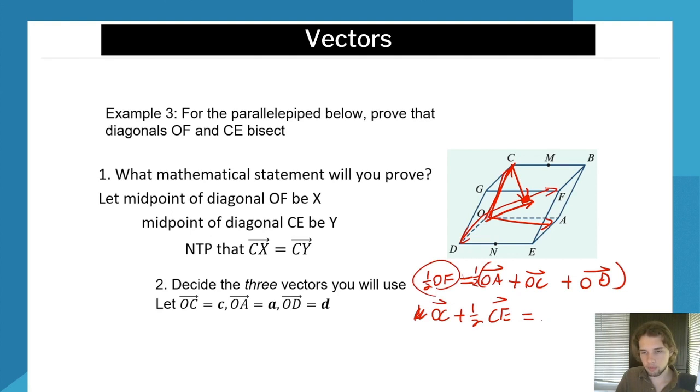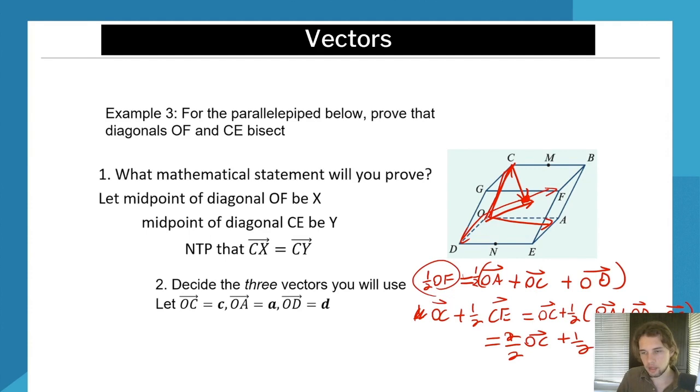What's this equal to? This is equal to O to C plus half O to A plus O to D minus O to C, which equals, same as last time, we can simply multiply this by 2 over 2, which makes it the same thing.